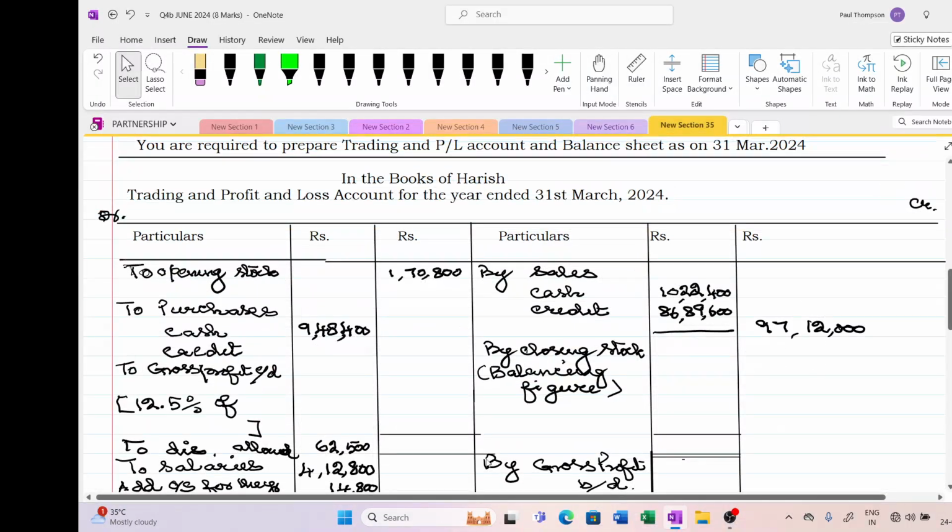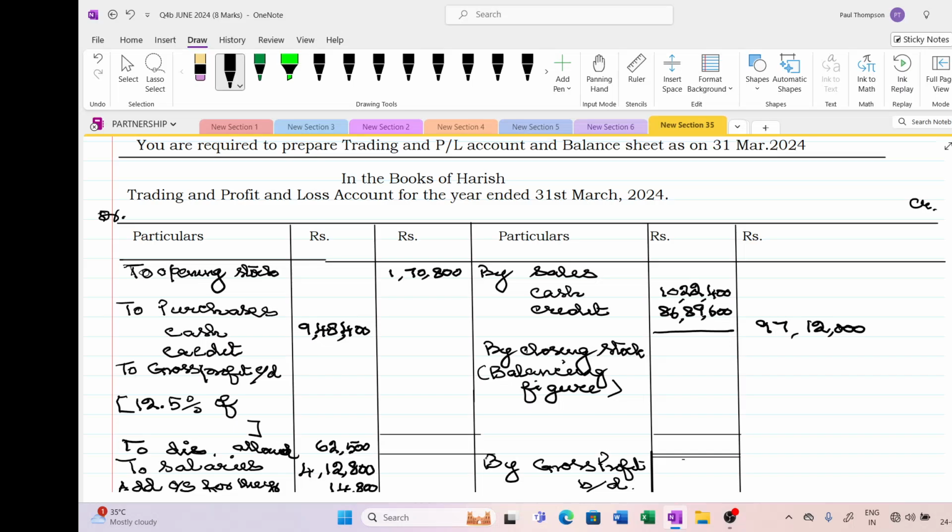Now we are going with the credit purchases 76,10,400. So now total both the purchases that comes to 85,58,800. Okay. So now on this 97,12,000, this is 12.5%.